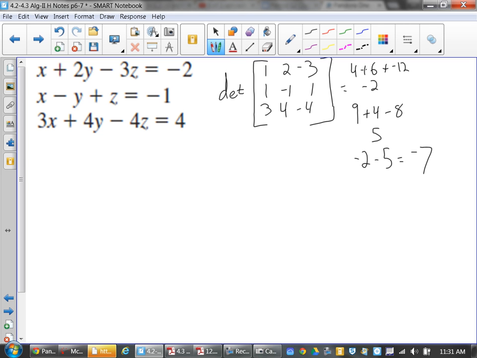How did I do that so fast? Well, 1 times negative 1 times negative 4 is 4. 2 times 1 times 3 is 6. Negative 3 times 1 times 4 is negative 12. It's easier if you just rewrite it.